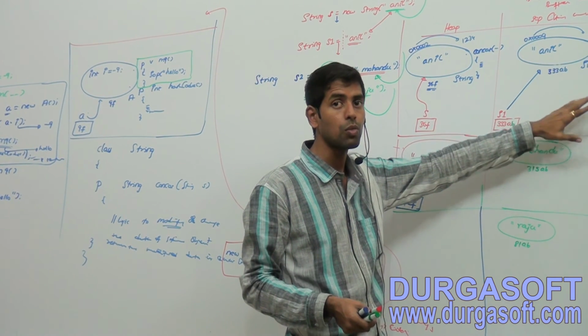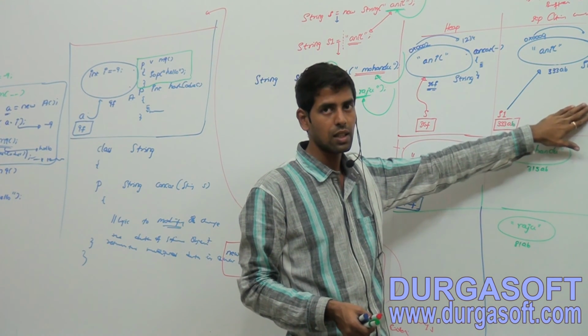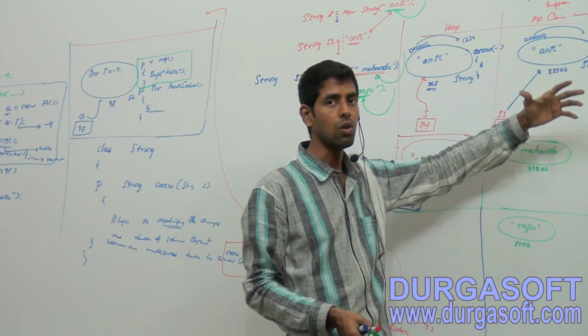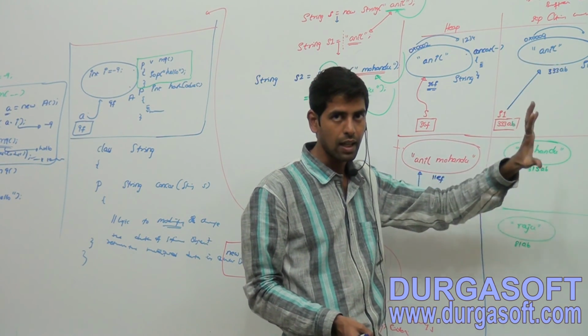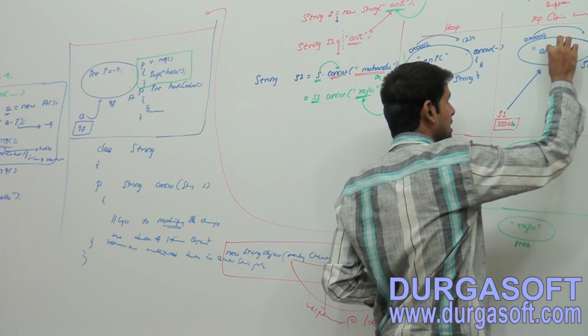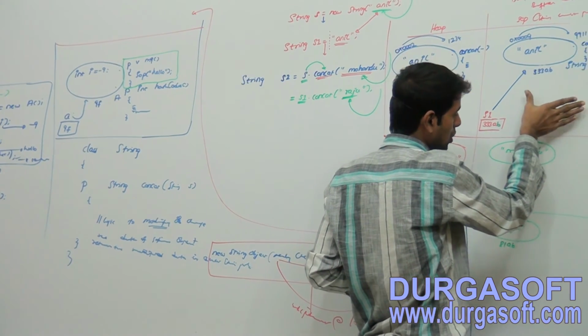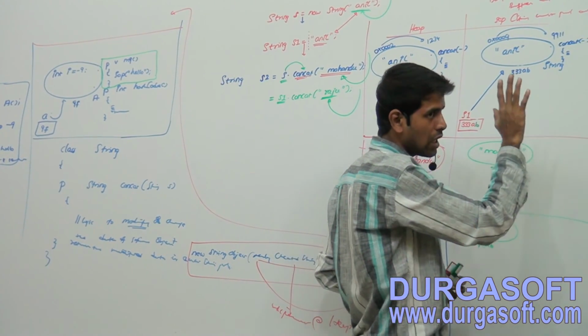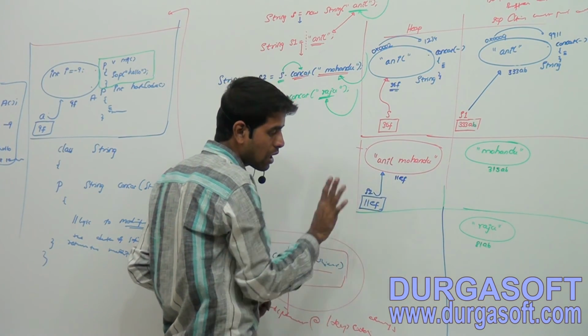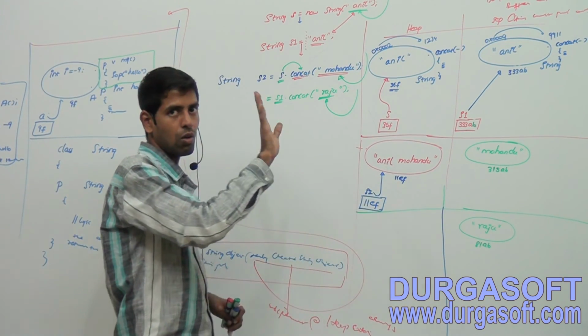It is immutable, non-modifiable. So it will only allow other methods to access the data. So this concat method will access this data and put the new data within a newly created object. That object will always be created at which area? At the heap area only.